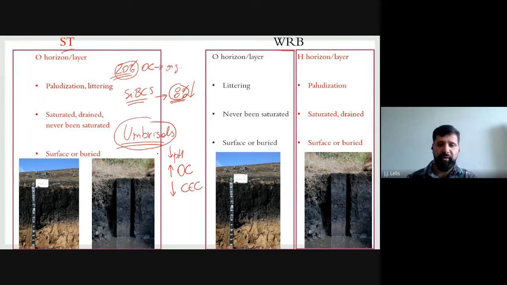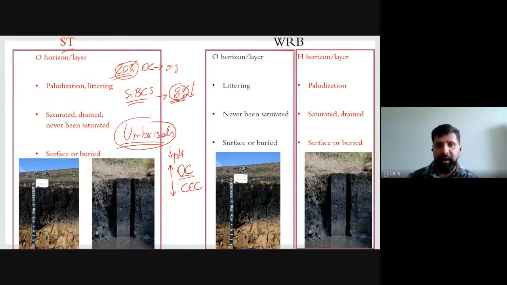They have a lot of properties that remind you of histosols, but the organic carbon is lower. So they differentiate soils that have a lot of organic carbon from soils that have a lot but not as high as histosols.